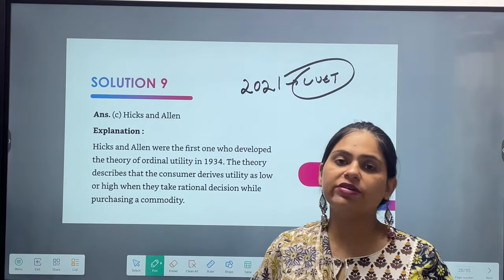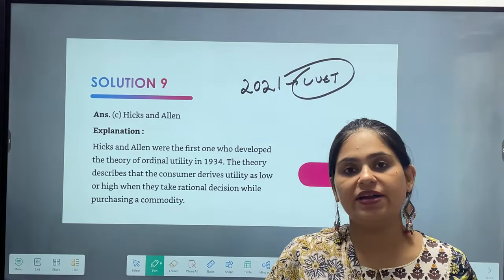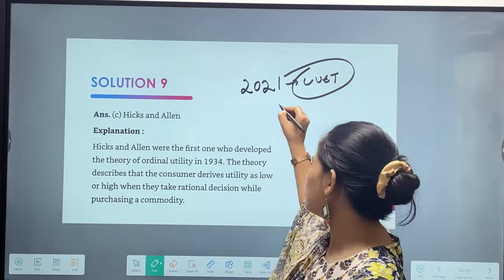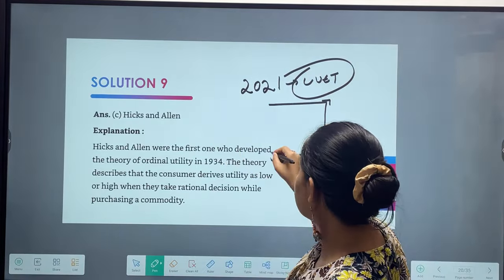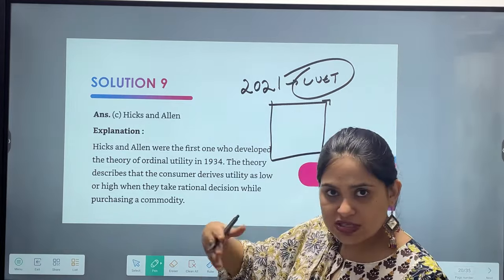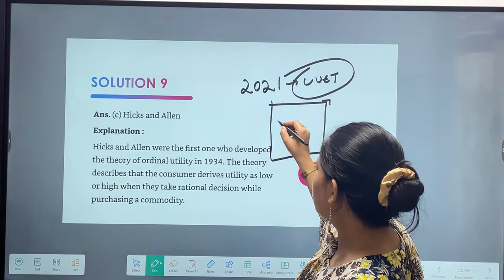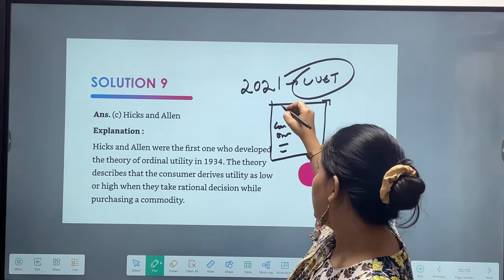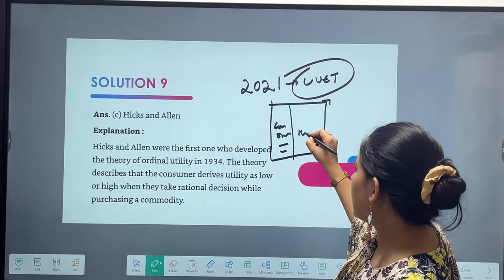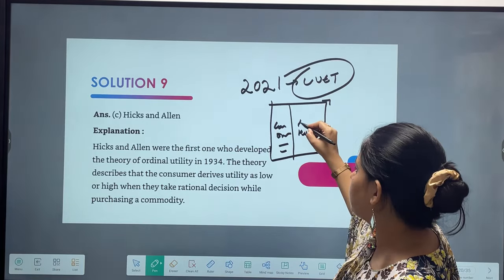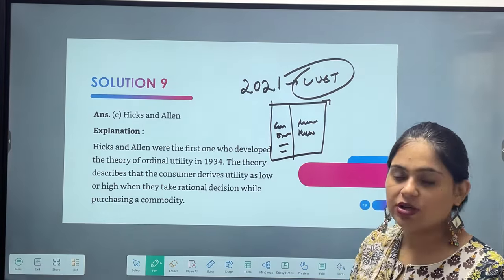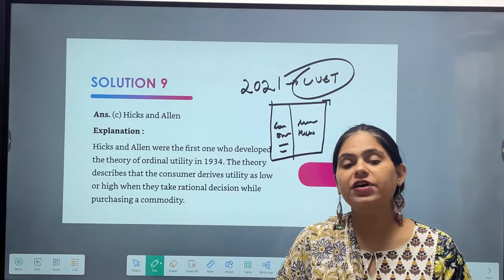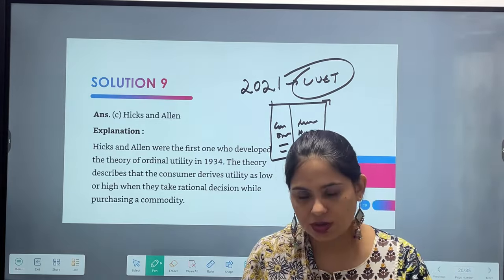I think it was something like this. Either they asked directly or it was in a match the following, as far as I can remember, where they gave 4 concepts. They wrote cardinality, they wrote ordinality, and they gave 2 more. And here they gave Hicks and Allen, and here they gave Marshall, and you had to match. So such questions are very, very common even in CUET, where they will ask you who derived what. Okay, come to the next question.